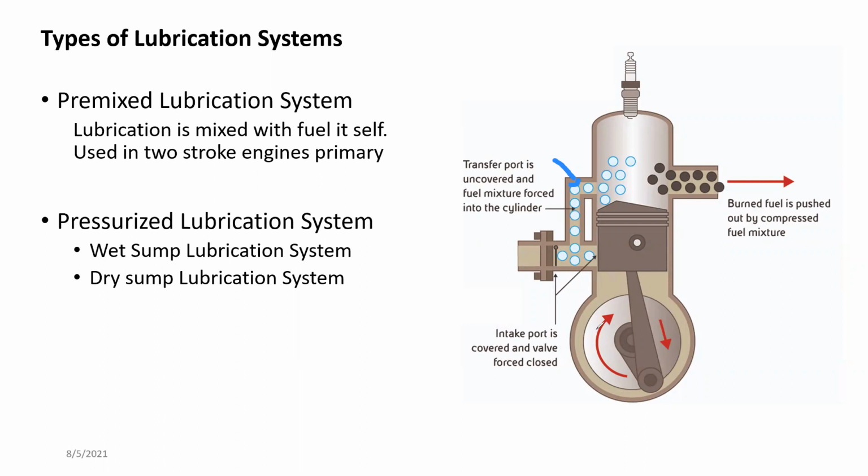That also makes sense. Yeah, so in the pressurized lubrication system, we have two types known as the wet sump lubrication system and the dry sump lubrication system. The difference between these two comes down to how these systems operate and what the limits are between these two systems.